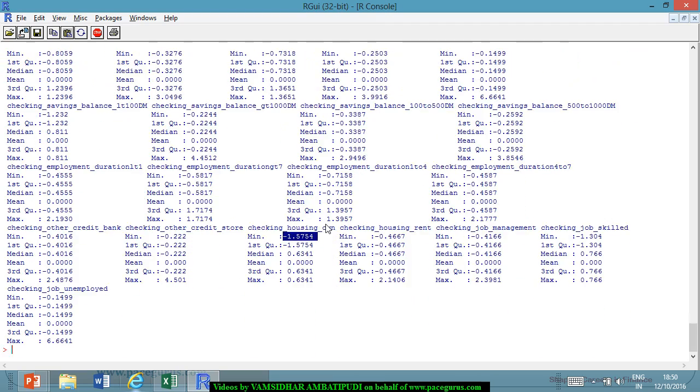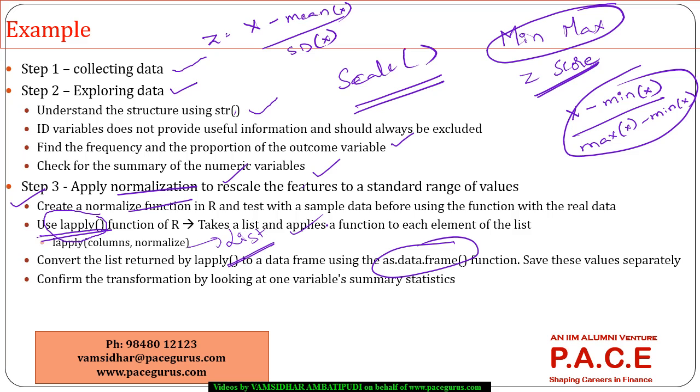Which means we have brought the data more or less into similar intervals so that we can apply our k nearest neighbors algorithm to either the first or the second normalized data. We'll apply both of them and see which one is more appropriate for this particular data. So we are confirming the transformation by looking at the variable summary statistics.